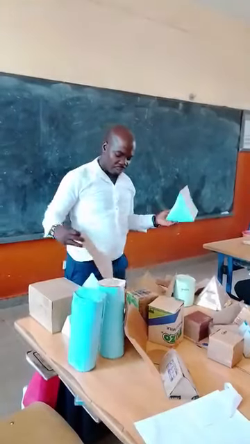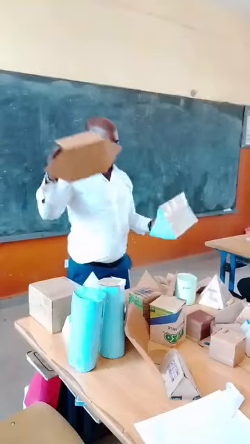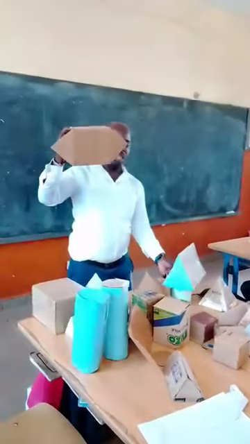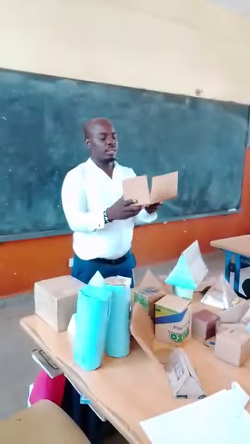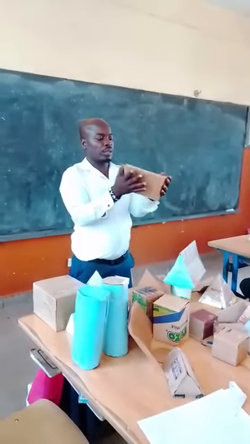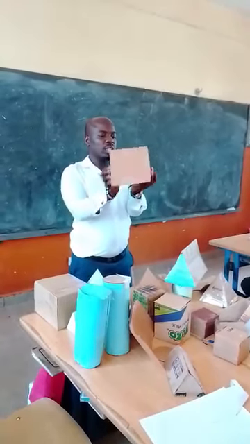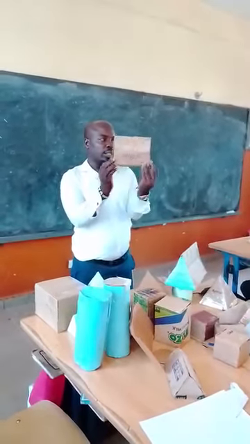So we have a net for a triangular prism. This is the net. So when it's closed, we have this part that is closed.